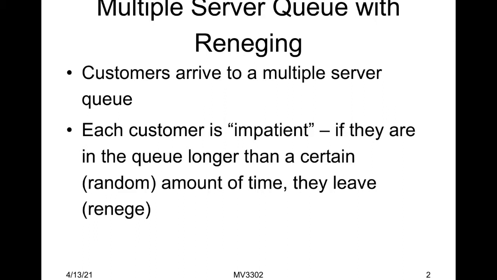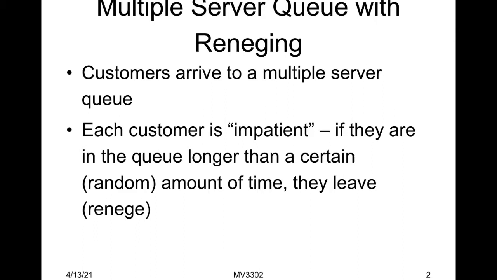On the other hand, sometimes you observe a system and you see customers waiting in the queue, and then some of them start to get a little fidgety, and then every now and then one of them looks at their watch or their Apple Watch or whatever they have on, looks at the time, and leaves the queue.